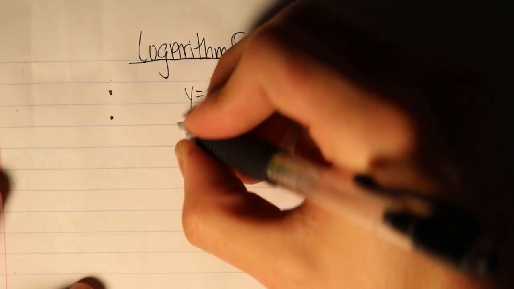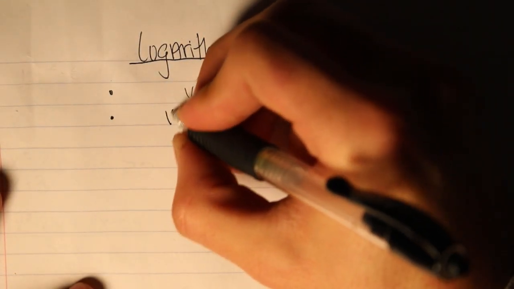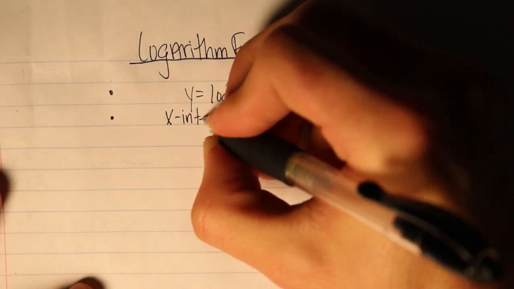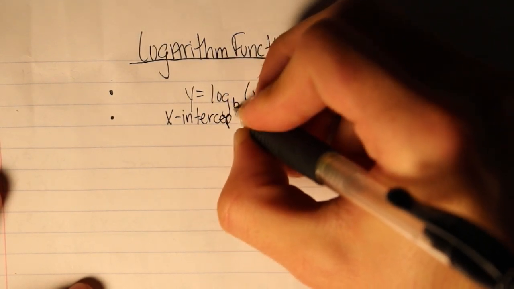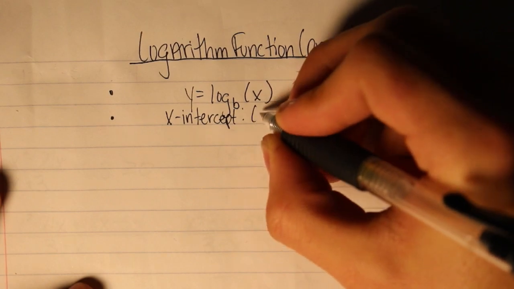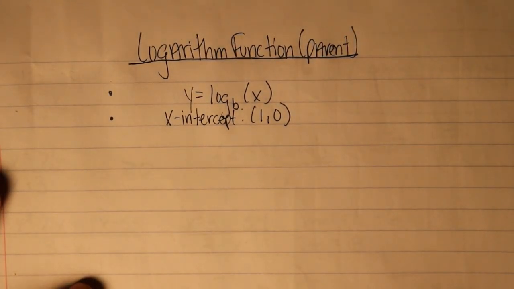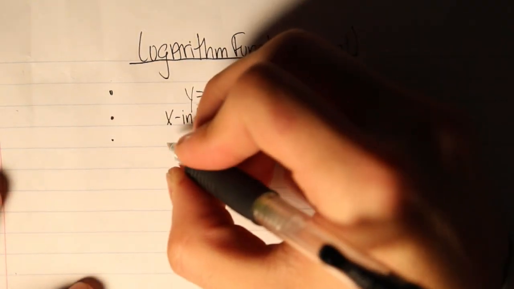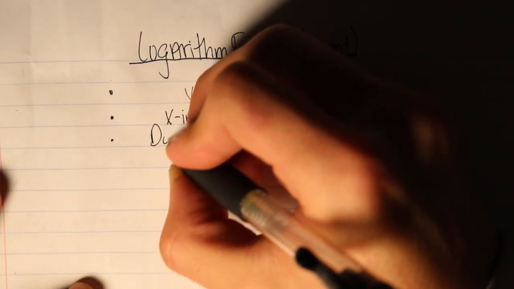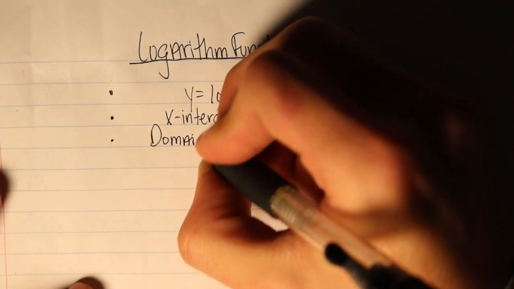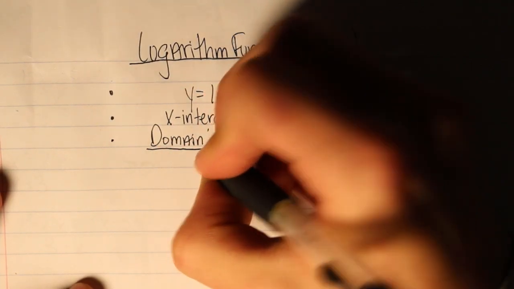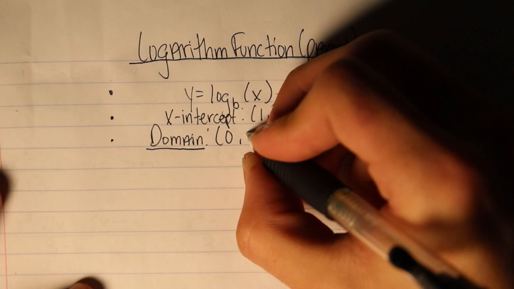We all know that we're going to have an x-intercept instead of our y-intercept. Our y-intercept's in our exponential. Our x-intercept is at (1, 0) of our logarithm. We're going to have a domain that flips from the range of our exponential. So it's going to be 0 to infinity, right?